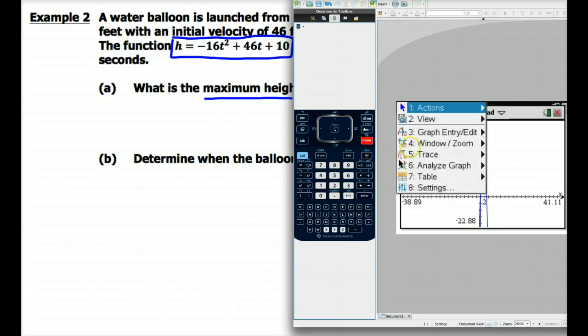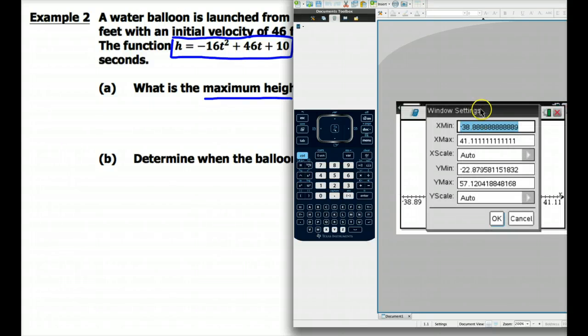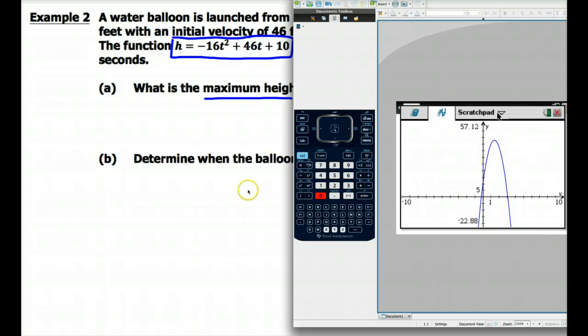So if you go to your menu 4 and then 1, your Window settings, you can shrink your x values. Like for instance, we don't need -38 as the minimum x value. I can make that -10, and then I can do the same thing with my x max, and that's just going to make the graph look a little bit nicer. Again, we're only concentrated on finding the vertex, so as long as you can see that vertex, you're okay.